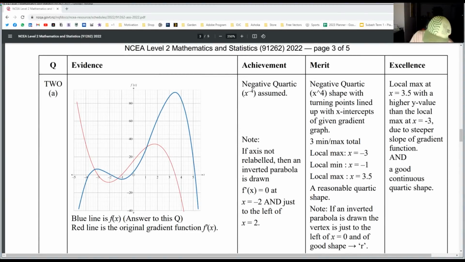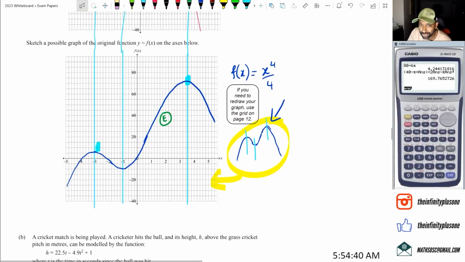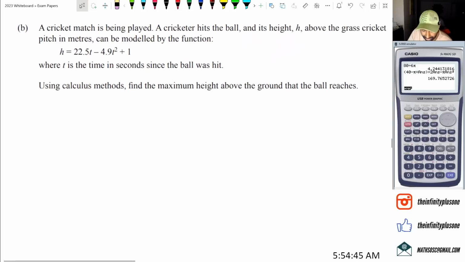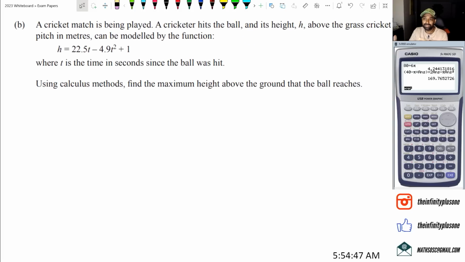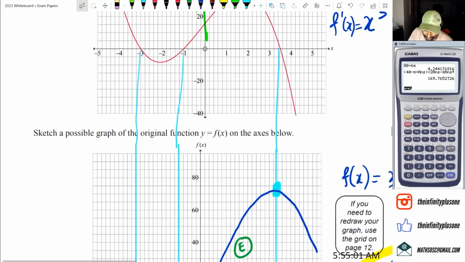Yeah, I just think it's very mean to have a question like this at the start of the exam paper, when at the start of a question most people think it's going to be an achieved and start doing things real quickly. Even myself, I've done these questions so many times. I looked at the question and went, oh, that's a pretty straightforward derivative, and then I checked the answers and it was the other way, and I was like, what? Then I read the question properly and went, oh wow, this is really, really mean.